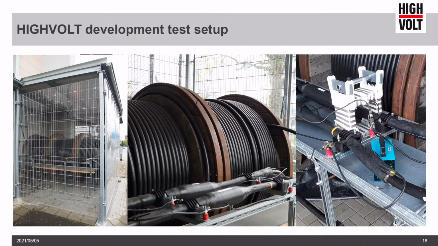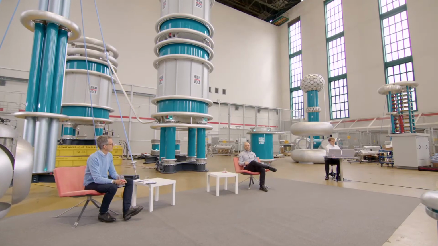But medium voltage cable, in the sense of high frequency signal transmission, which we need for PD signals, is even worse than HVDC cable. We have calculated a factor of 2 in the damping. So we have built up the worst case scenario here in our house. And there we tested all our HFCTs, so high frequency current transformers, to inject the signals, to measure the signals, and the algorithms as well.